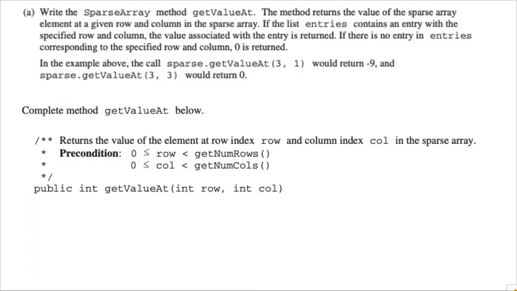It would return the value of the array element when you're given the row and column of the array.